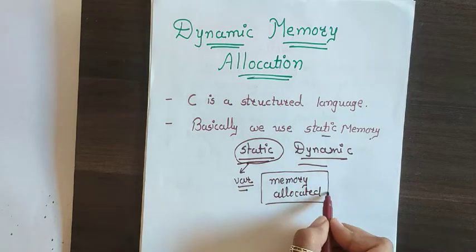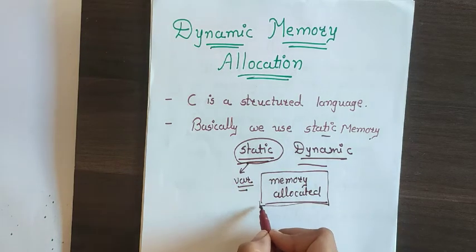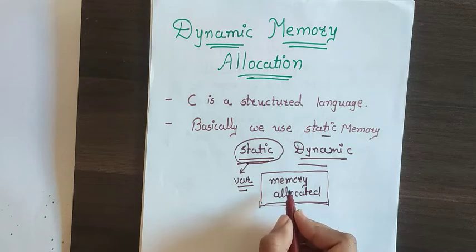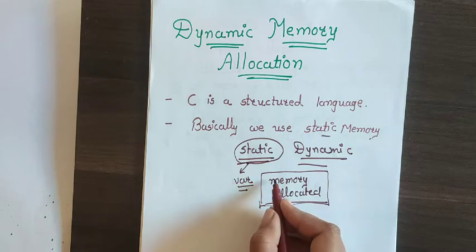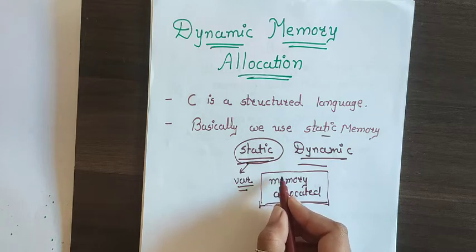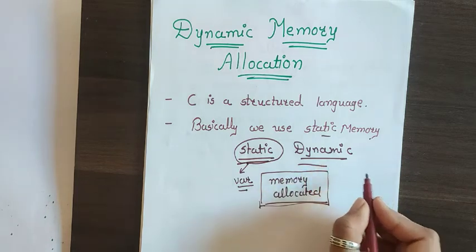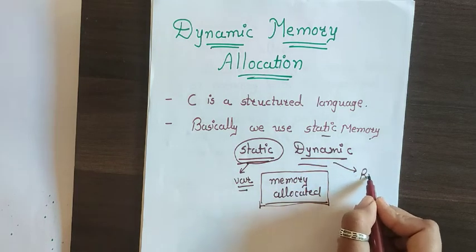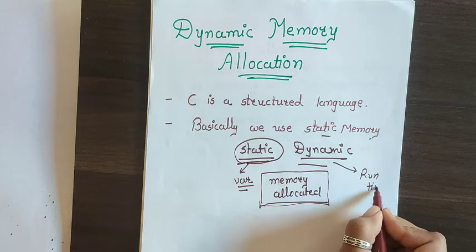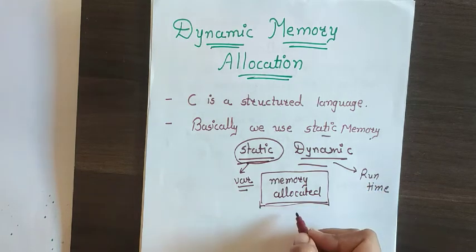Already when I write the program and when I execute that program at compile time, total memory is already allocated for that program, whether it is of use or no use, right? While in dynamic memory, the memory allocation is done at runtime. Runtime memory allocation is done in dynamic memory.